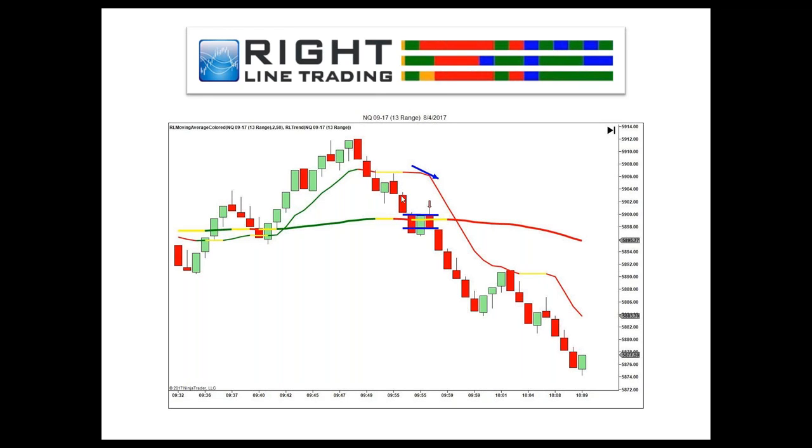And if you took price action like this and just put in a 15-period simple moving average, that 15-period simple moving average would be really moving to the downside fast, tracking these candles really closely and telling you that momentum is moving to the downside.